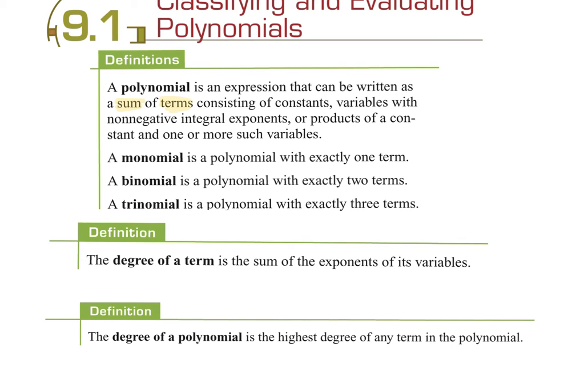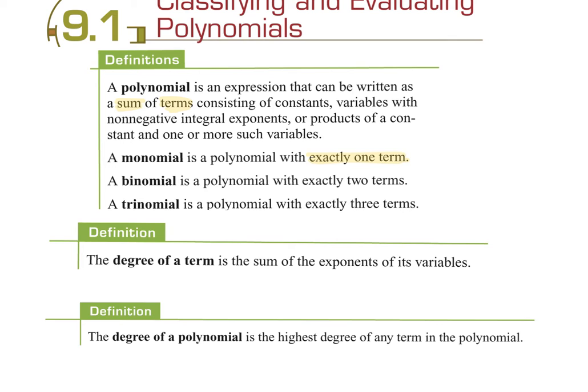Now we're going to jump to monomial, binomial, and trinomial in your handout. These are 3 basic types of polynomials. A monomial is a polynomial with exactly one term. Exactly one term. That is a monomial. Monomial. Makes sense. Mono means one.